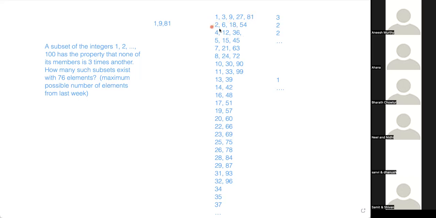Okay, what about this 2, 6, 18, 54? 2 choices. What are the 2 choices? 2 and 18, or 6 and 54. 2, 18, 6, 54. Anything else? 2 and 54. Good. Anything else?